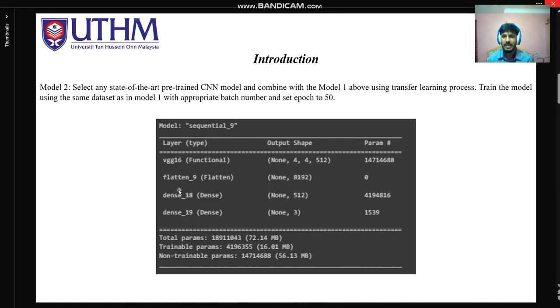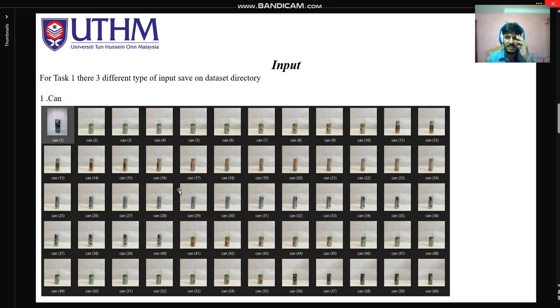This is the summary of the models. There are two types, which are CNN model 1 and model 2, which is VGG16. Now this is the input. Before that I said there are three types of input for task 1, and two types of files saved: the validation and train files, which I saved in the drive.